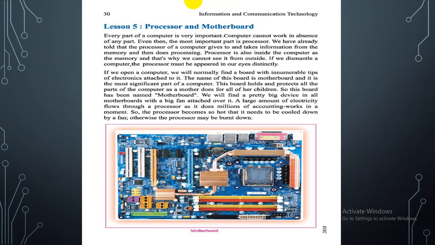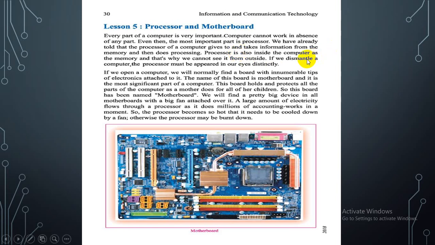So now let's come to the next line. The processor is also inside the computer, like the memory. So definitely the processor lies inside a computer like a memory, and that's why we cannot see it from outside. If anyone asks what it looks like and why we can't see this processor, it is because it lies inside the computer.